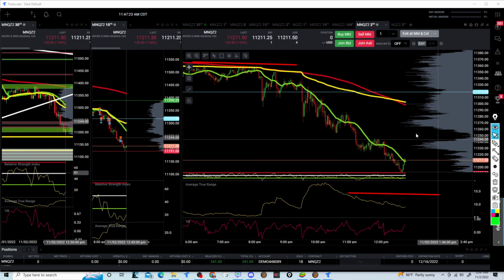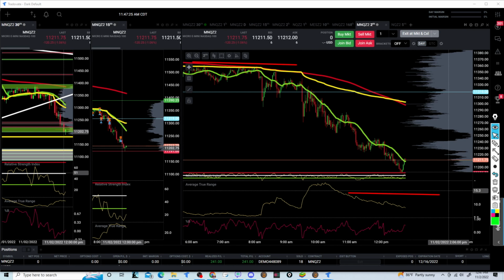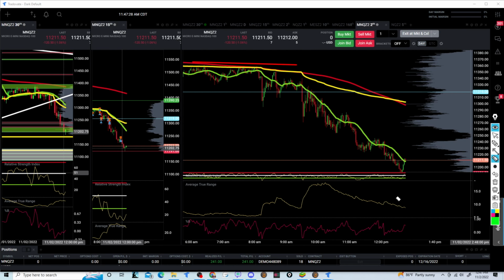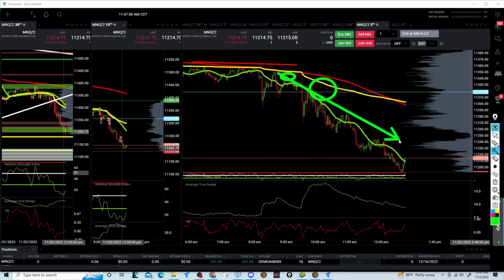Guys, this strategy is the simplest strategy you will ever learn, so don't add anything to it. Don't doubt it. Don't come here and wonder, are we spreading away? Are we too far away? Doesn't matter. Remember, you're trading in the direction of the 20. If the 20 is below the 200, you're not looking to go long.